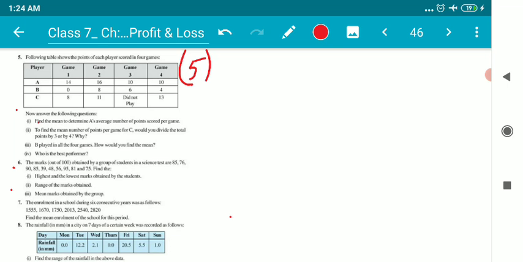Here we can see three players: player A, player B, and player C. Player A won the first match. He secured 14 runs. Next match 16 runs. Next match 10 runs. Next match 10 runs. Player B, in the first match, played but got out and secured no score, 0 runs.